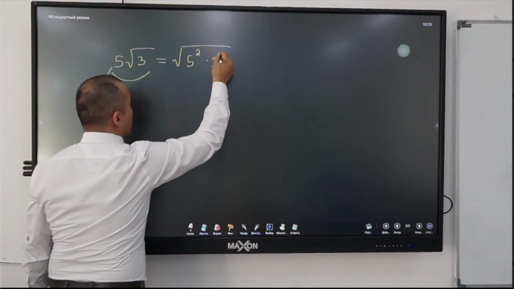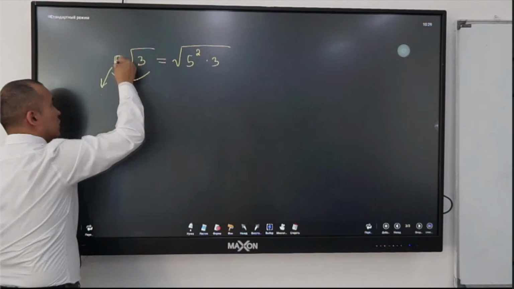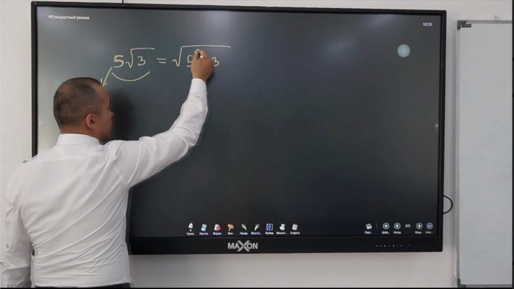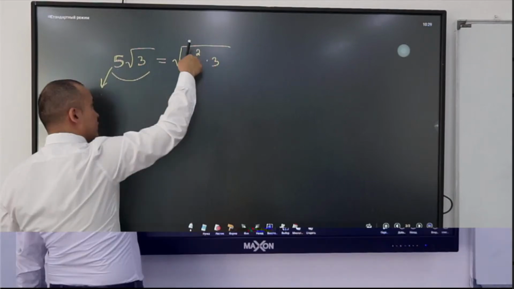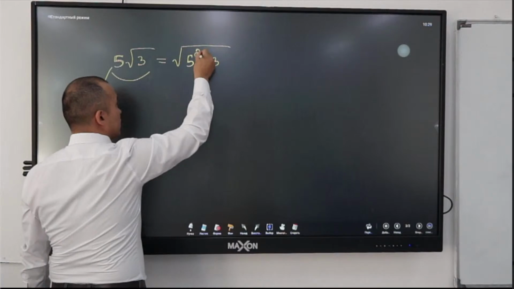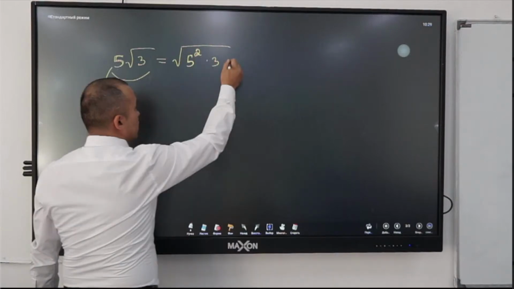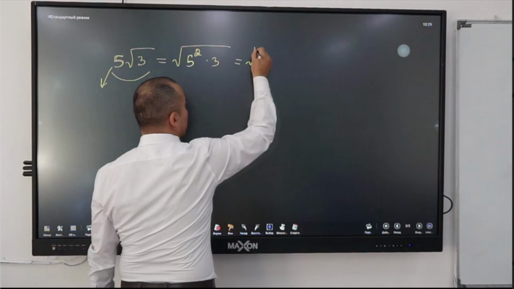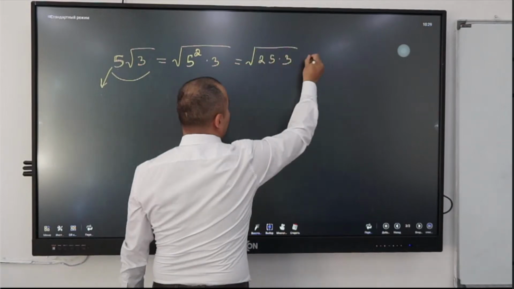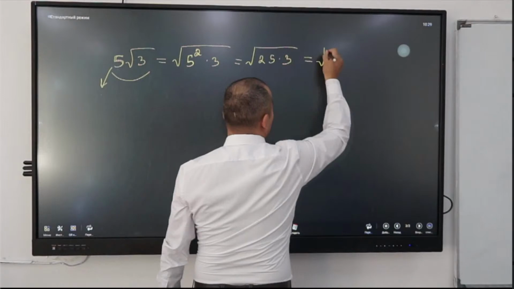When the number is outside of the radical, we will write it under the radical with the square. So 5 squared will be 25 times 3, it will be root 75.